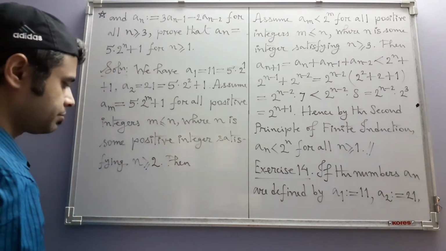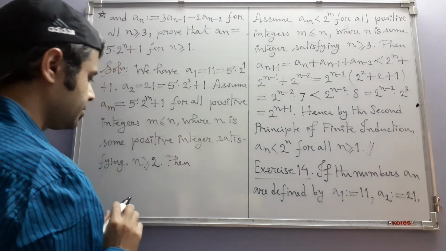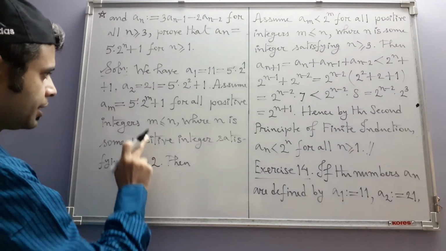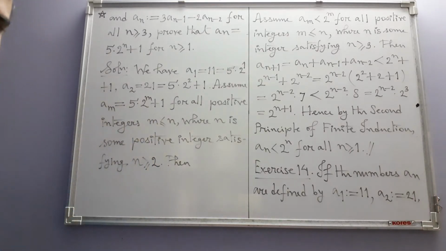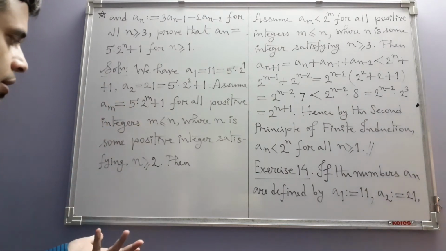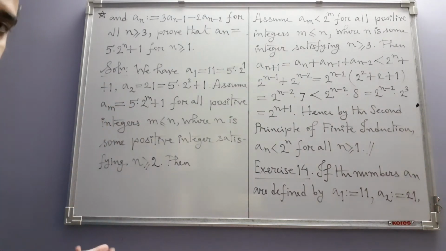Then the connection is that when n is 2, then also this is true. That's what we are assuming. Then using this we would be able to say something about a3.